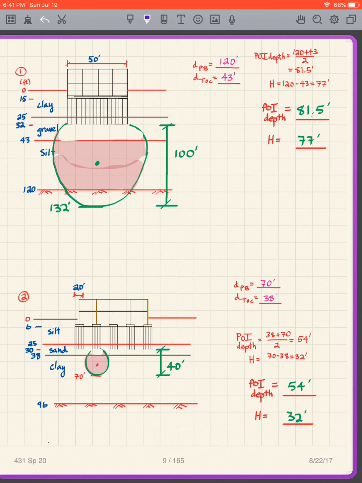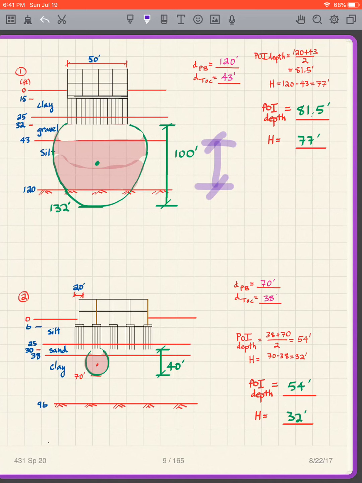So really the depth of the bottom of the pressure bulb is 120, not 132. And the depth of the top of the clay, it's obvious, is 43. So I'm using those two numbers, take the sum, divide by 2, take the difference, and I get my two numbers, the point of interest depth and the H. So in this case, this is my H right here.